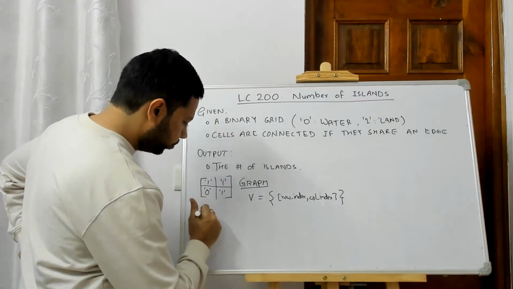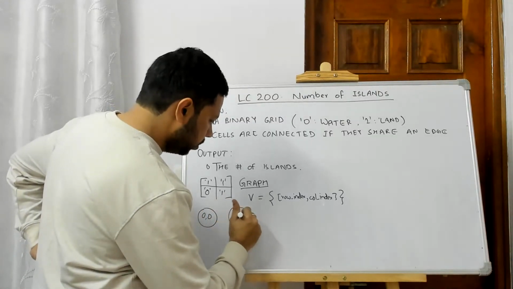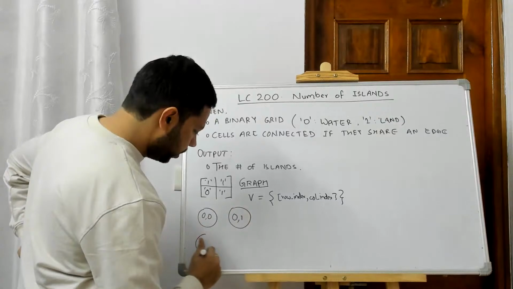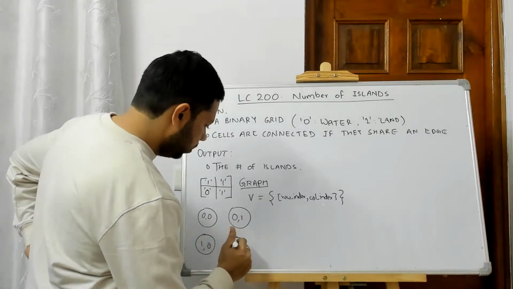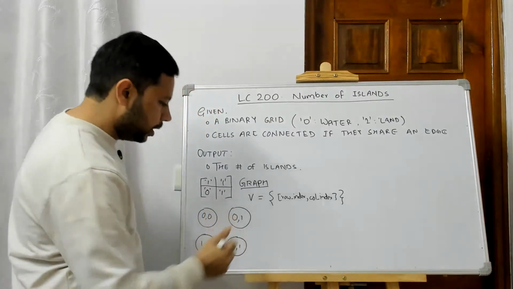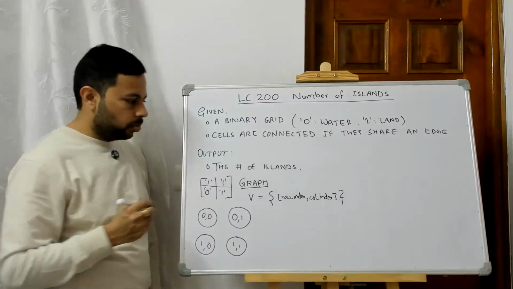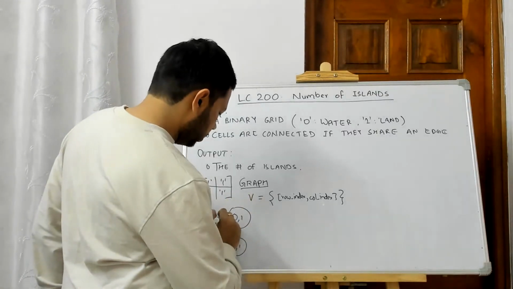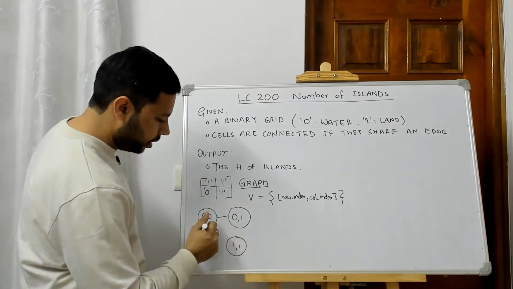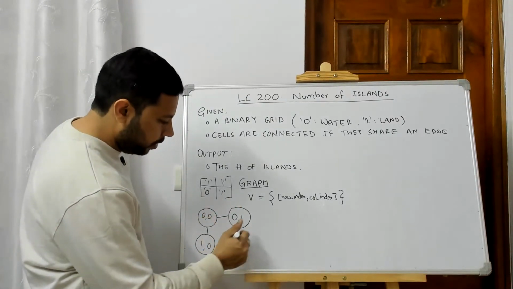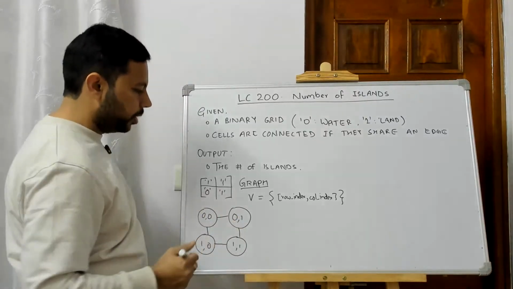0, 0, this is one vertex. Then you have 0, 1. Then you have 1, 0. Then you have 1, 1. These are the 4 vertices. And what are their edges? Edges are these. 0, 0 is connected to 0, 1 and 1, 0. 1, 1 is connected to 0, 1 and 1, 0. So these neighbors are forming these edges.